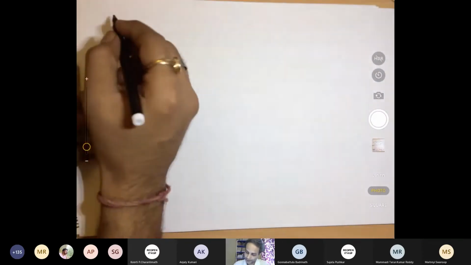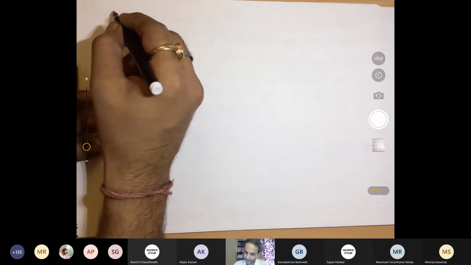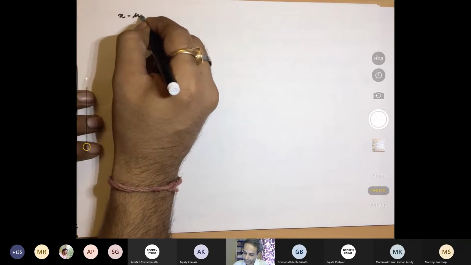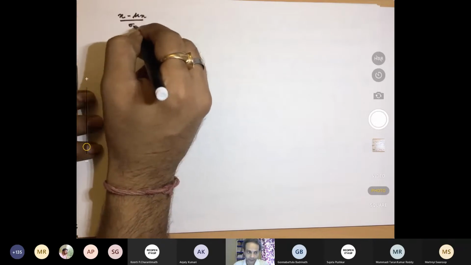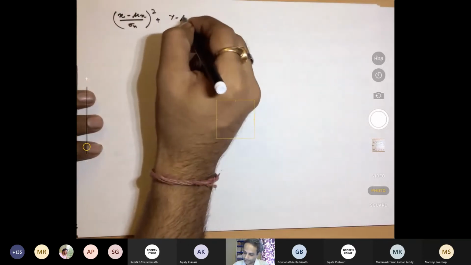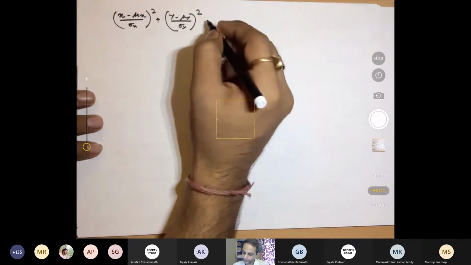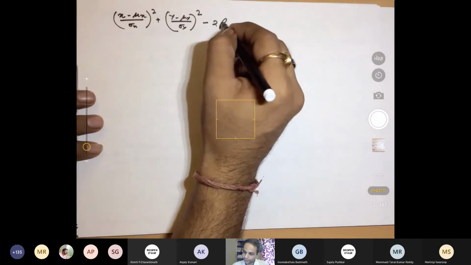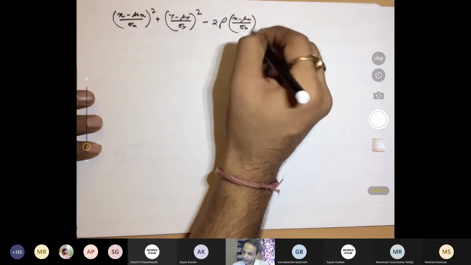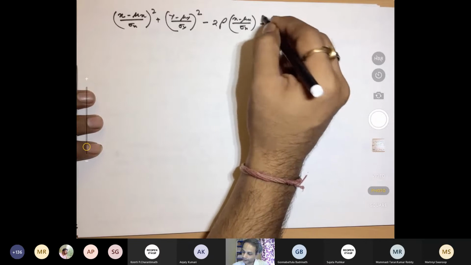So the exponent part is this. Let us first take care of ((x minus mu x) by sigma x) square plus ((y minus mu y) by sigma y) square minus 2 rho ((x minus mu x) by sigma x) into ((y minus mu y) by sigma y).